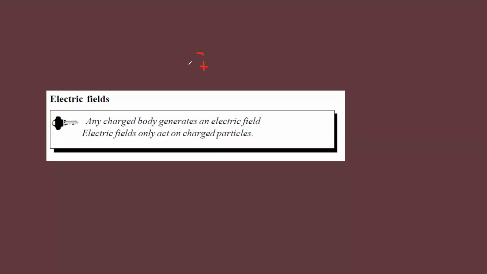For example, there is a large positive charge and I place another positive closer to it, a test positive or unit positive, which is a very small charge. Which direction does this test positive tend to move? It tends to move away. So we say the direction of the electric field is out from a positive charge.